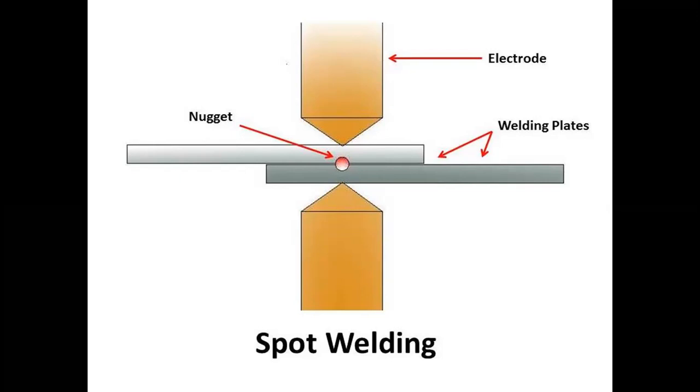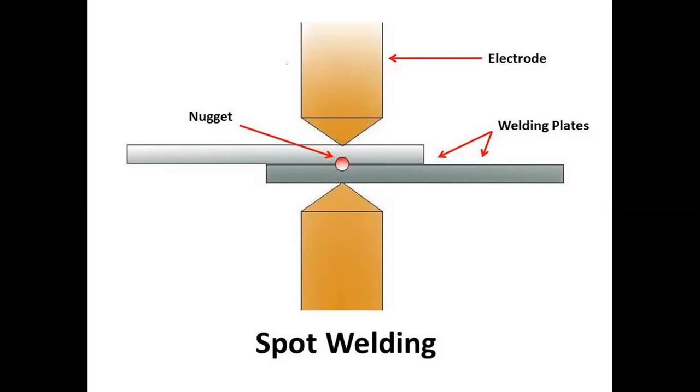It is generally used for lap joining two plates, and just remember the thickness is generally 12.7 millimeter maximum. So this type of plates can be joined. This is the main thing.